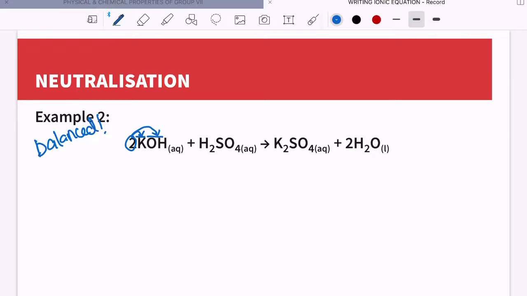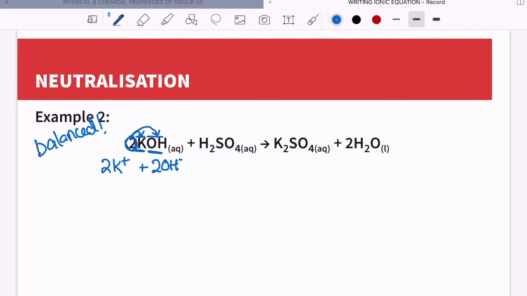So let's write down 2 K+ ions and 2 OH- ions. This coefficient represents both the K and the OH.